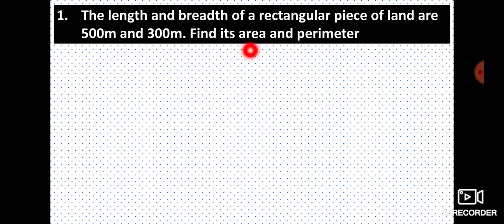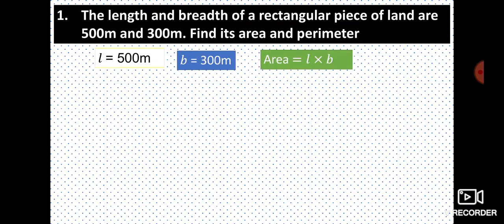We need to find its area and perimeter. First, L equal to 500 meter, B equal to 300 meter, area equal to L into B. Very simple question. 500 into 300 equal to 1,50,000 meter square. You remember this unit meter square for area.